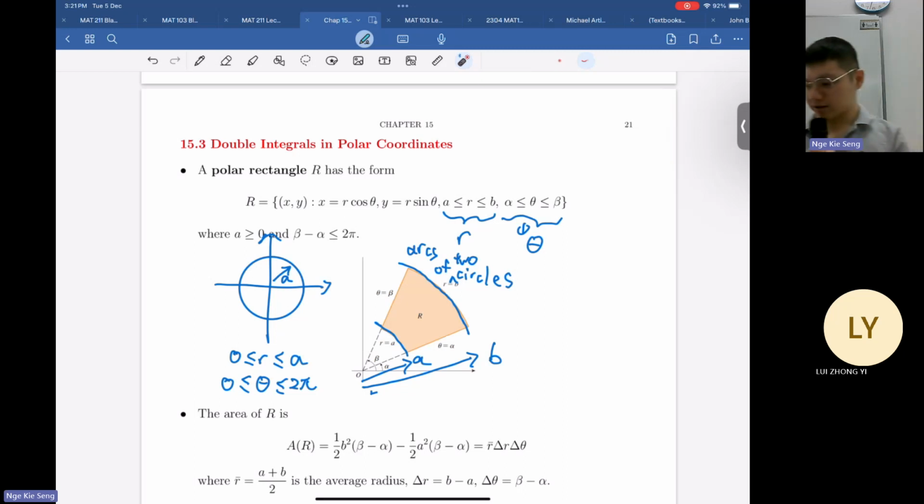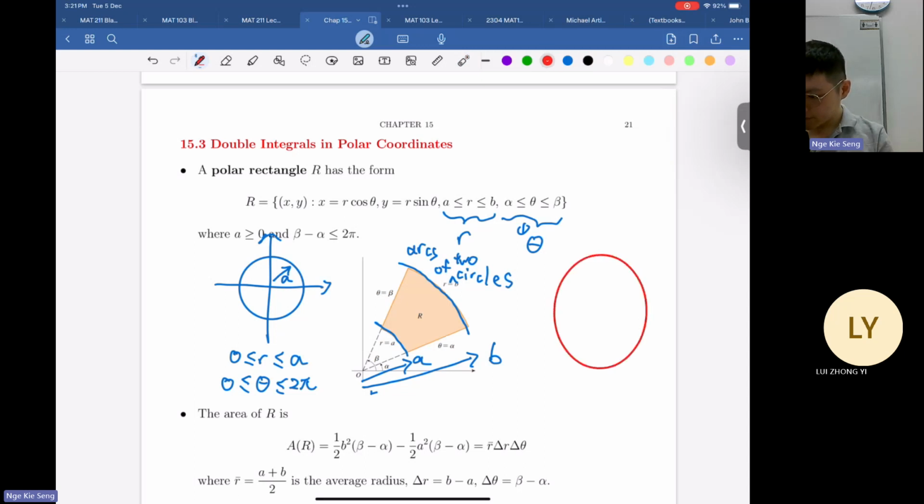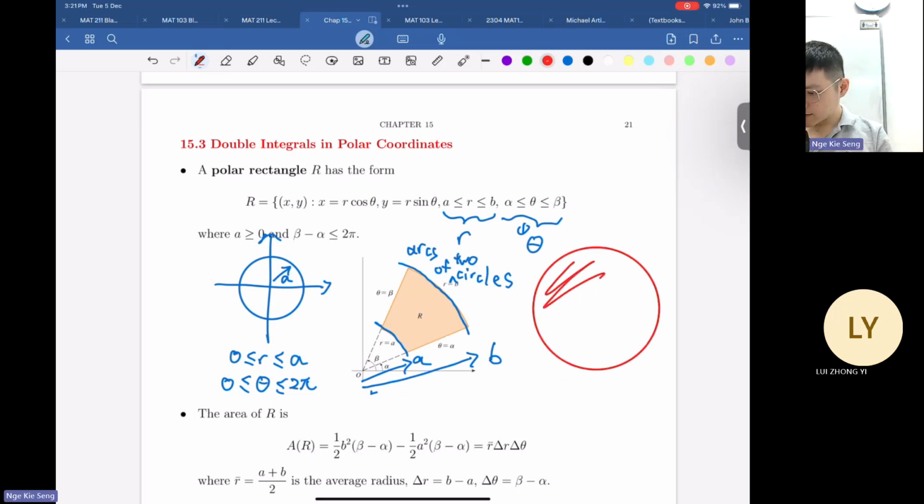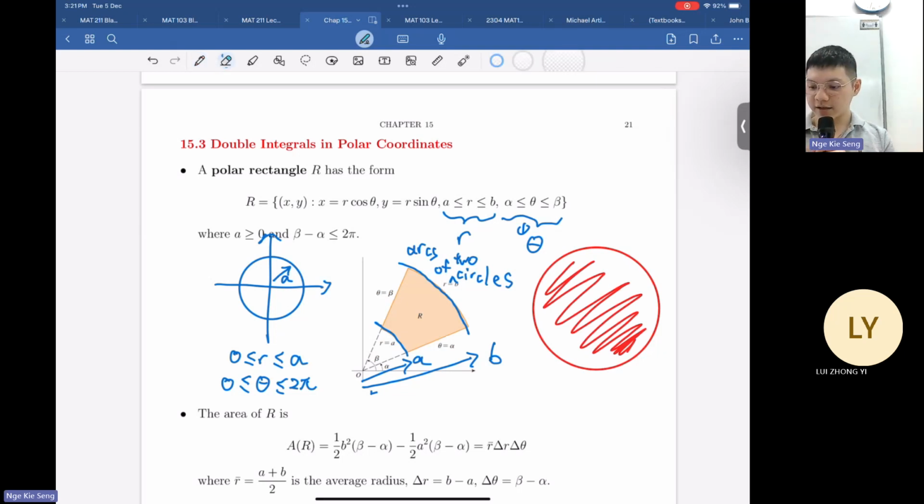So what I mean by annulus is this. Let me make it rounded. So this is my disk, one type of polar rectangle. And the other type is where I take out another circle within this circle. This is what we call the annulus.